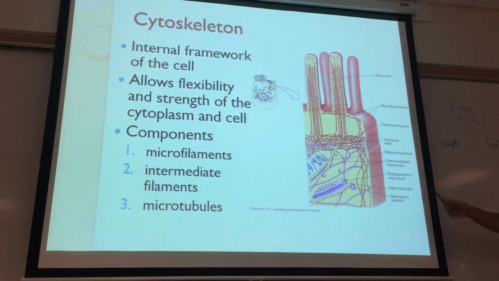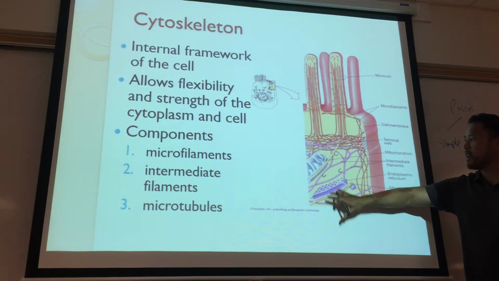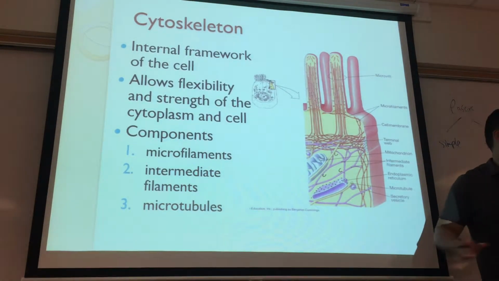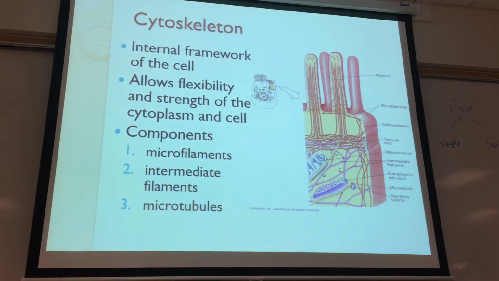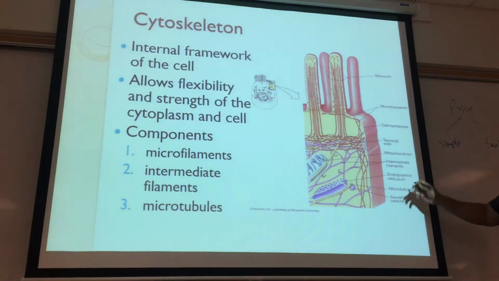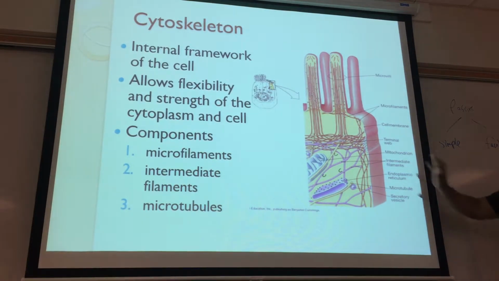You're going to see intermediate filaments, and intermediate filaments basically hold these organelles in place. They don't just swish around wherever they want to. They're held in place with these intermediate filaments. Microtubules allow for movement of the cell. You'll see microtubules, these big structures that are involved in cell division, which we'll talk about a little in a later slide.